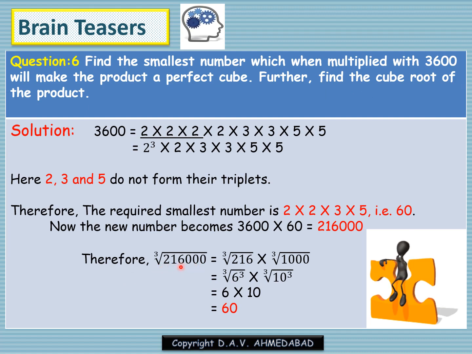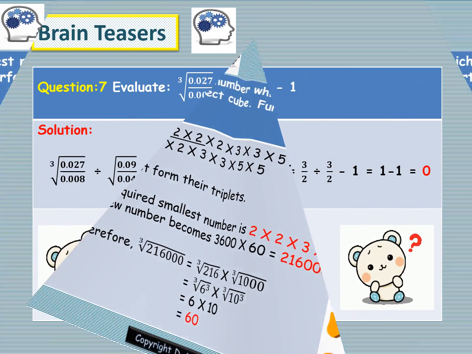Children, you can simply find prime factors of 2,16,000, or you can use the property that cube root of a into b equals to cube root of a into cube root of b. So I have splitted it. So I have written cube root of 216 into cube root of 1000. Cube root of 216 is 6 and cube root of 1000 is 10. Therefore, the answer is 60. Understood, children?